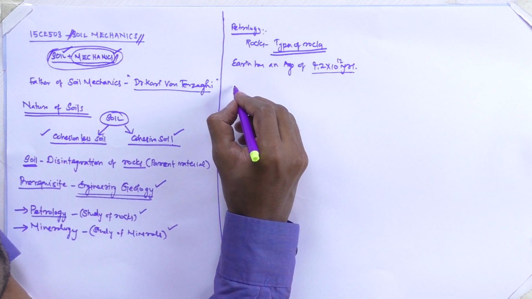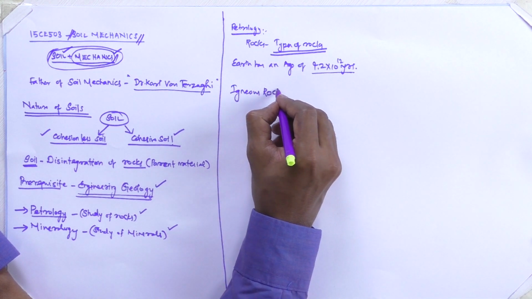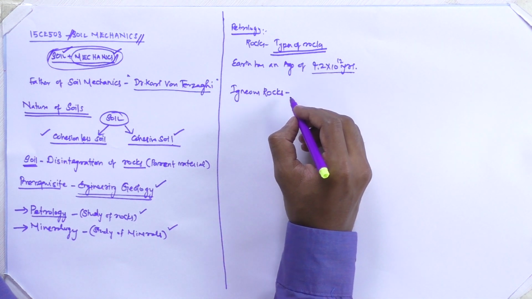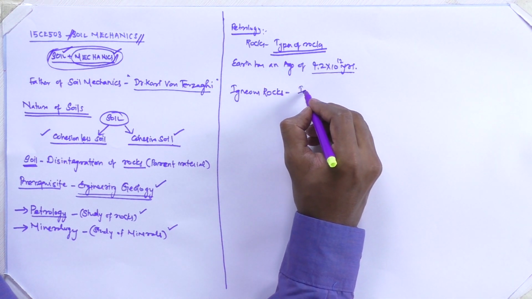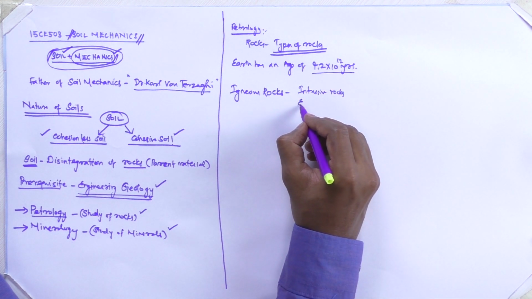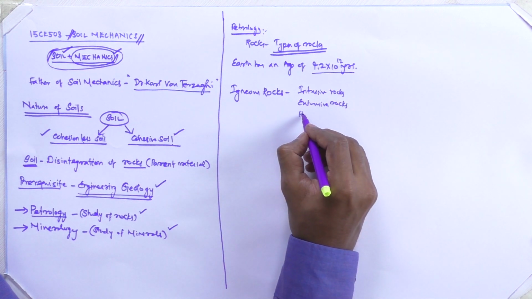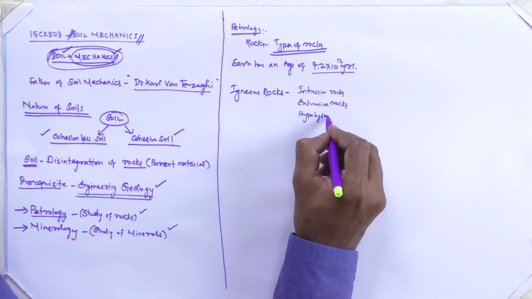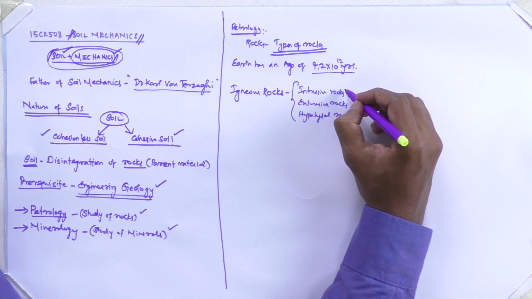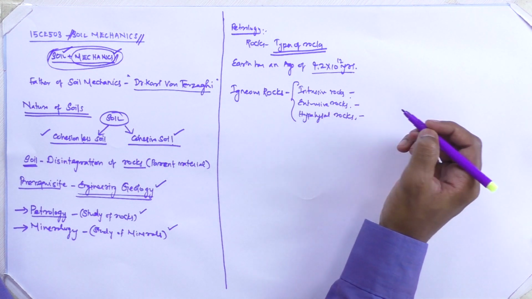So the types of rocks: igneous rocks. Igneous rocks are the first forming rocks. We can further classify them into intrusive rocks, extrusive rocks, and hypabyssal rocks.